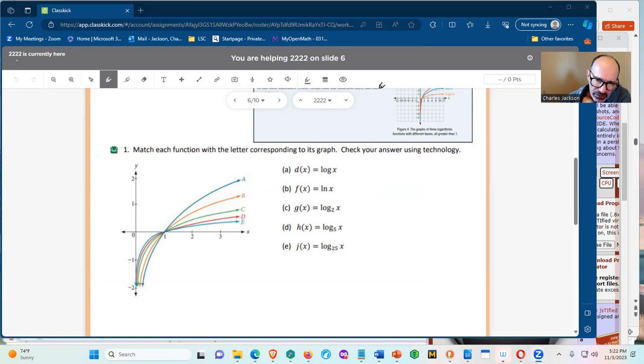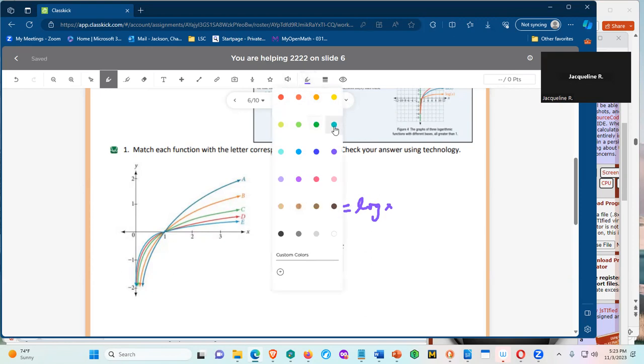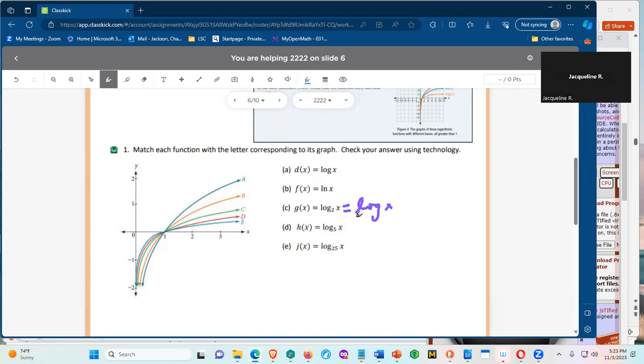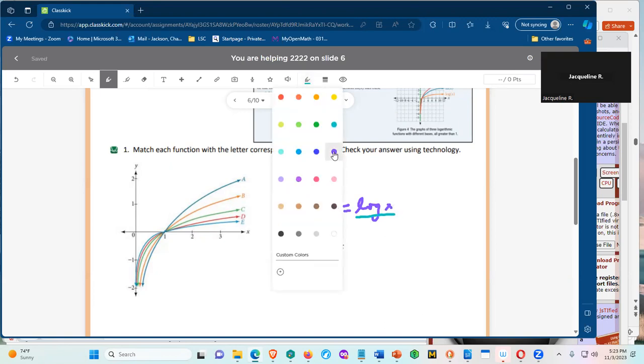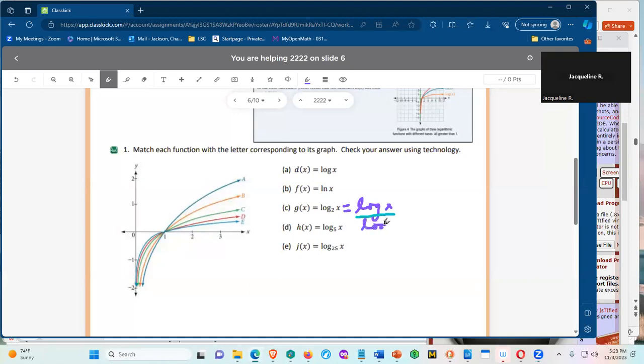What we'd have to do for a problem like C is use change of base and call that log x over log 2, unless we knew where to find the different base in the TI graphing calculator. Which, if you know where that is, is not a problem. But that's the same thing, according to what we call the change of base formula.